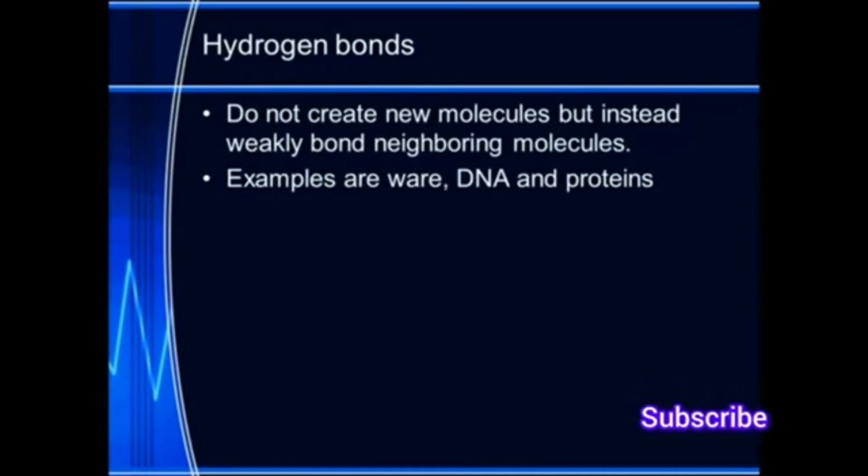A hydrogen bond is another type of bond, and it does not create new molecules, but instead it's a weak bond between neighboring molecules. Examples are DNA, and I apologize, I just saw a typo in here. It should be water. I don't know why that didn't spell check, but this should be examples are water, DNA, and proteins.